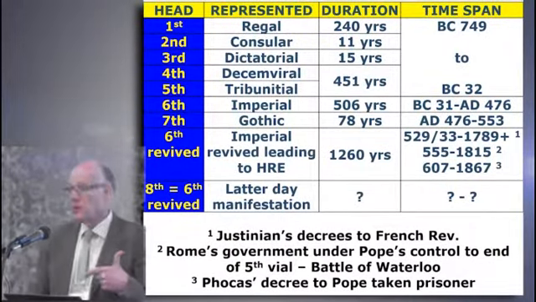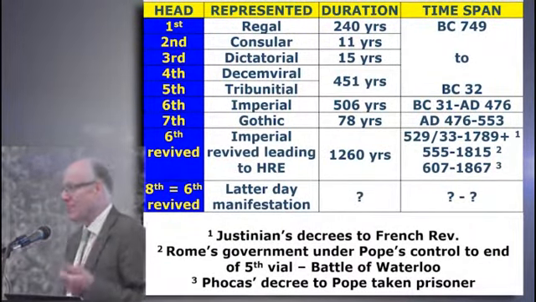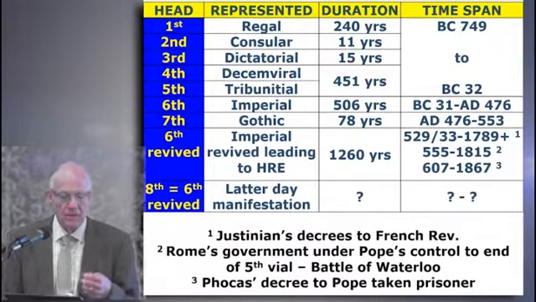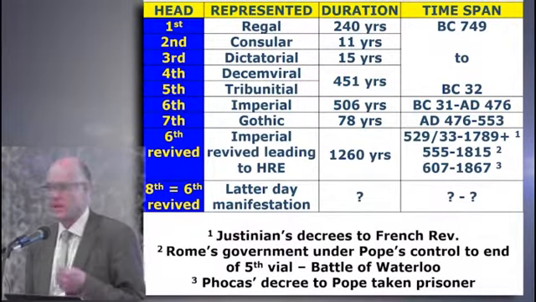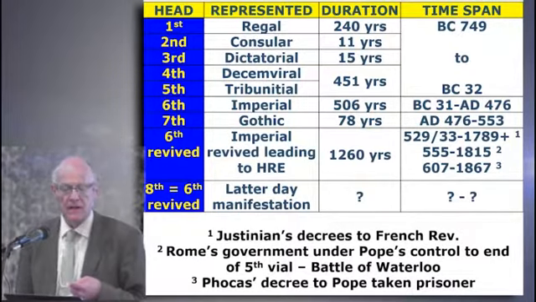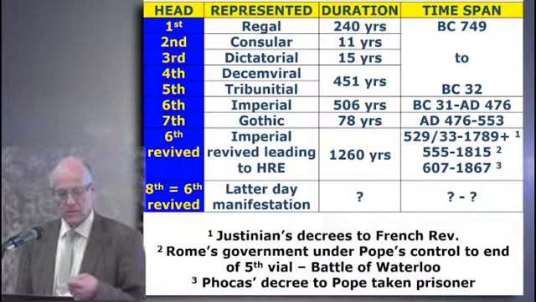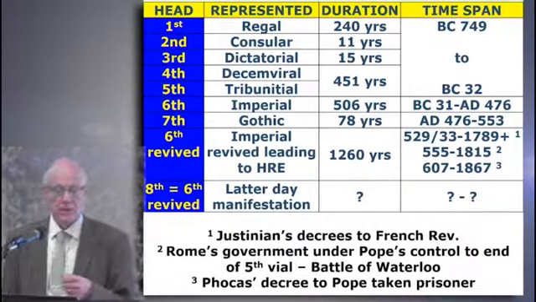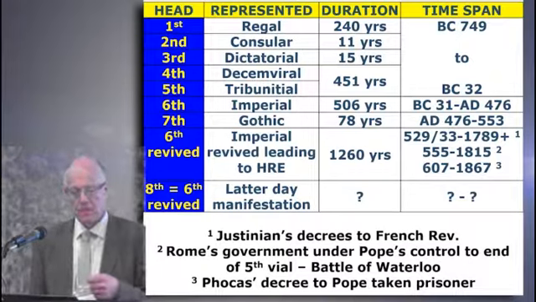That head was to be wounded, and a 7th head come. The Goths were going to come in, the barbarians, and that was only going to last for nearly 100 years, and then that would disappear with the 6th head being revived again, leading to the Holy Roman Empire, and going on to the time periods that we were looking at yesterday.